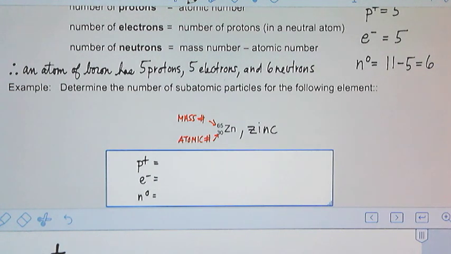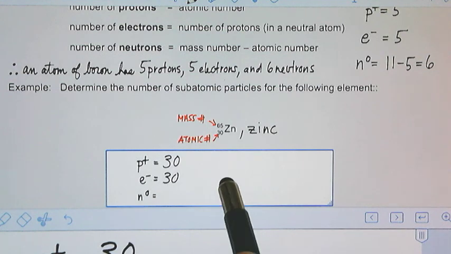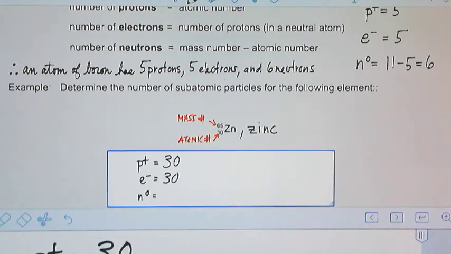So, to determine the number of protons, I look at the atomic number. How many protons in one atom of zinc? 30. How many electrons in one atom of zinc? The number of electrons is equal to the number of protons, therefore it will be 30 as well. Now, the number of neutrons is found by subtracting the atomic number from the mass number.